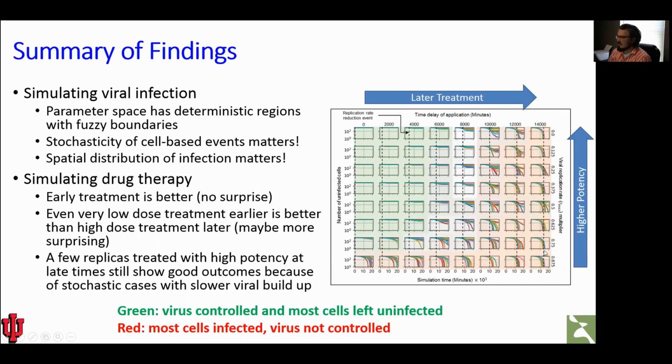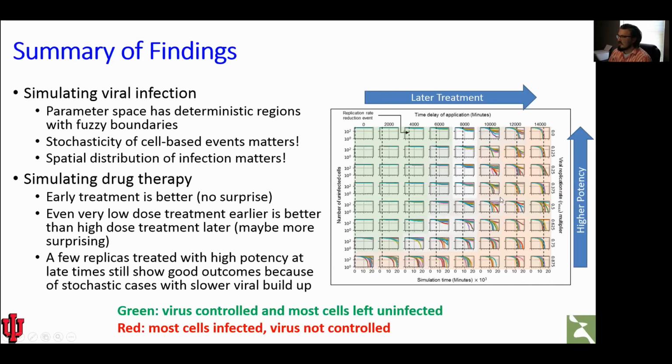You see this sort of similarity between this parameter sweep and the previous one. We can also identify these regions of certain outcomes, whether good outcomes to the top left or bad outcomes to the bottom right. And then again in between, we find these regions of uncertainty, these sort of fuzzy boundaries, where we can take the same parameter set, the same initial conditions, and simulate multiple times and get different outcomes.